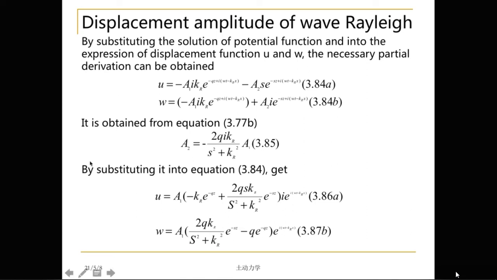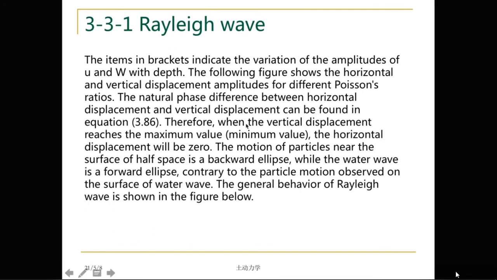By substituting it into equation 3.84, we can get u and w in equations 3.86a and b. Now let's see the Rayleigh wave. The items in brackets indicate the variation of the amplitude of u and w with depth.